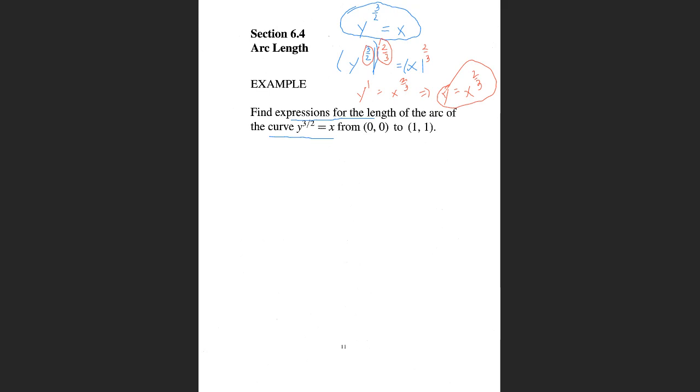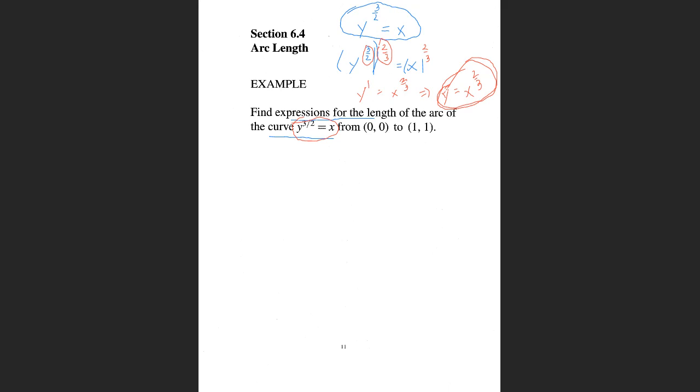But what's missing from this problem? The problem we just did, yeah, it had a t in it. Clearly, x equals y to the 3/2 power, or equivalently, y equals x to the 2/3 power, is a curve.